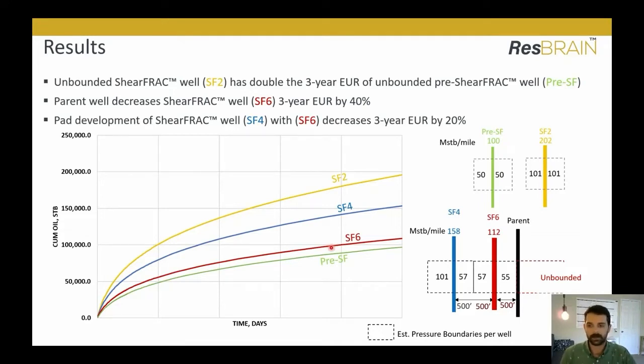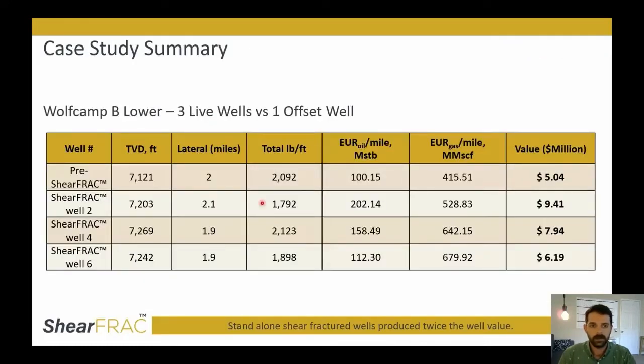So all of this is just showing you that once you focus on a pad development world, and even on a standalone world, if you can focus on optimally stimulating near wellbore, you'll make every stage the best it can possibly be as far as fracture surface area generation. So these are numbers. I won't spend a lot of time, but we also have a very strong reservoir engineering team that analyzes the first 3 months of production data for every single client.